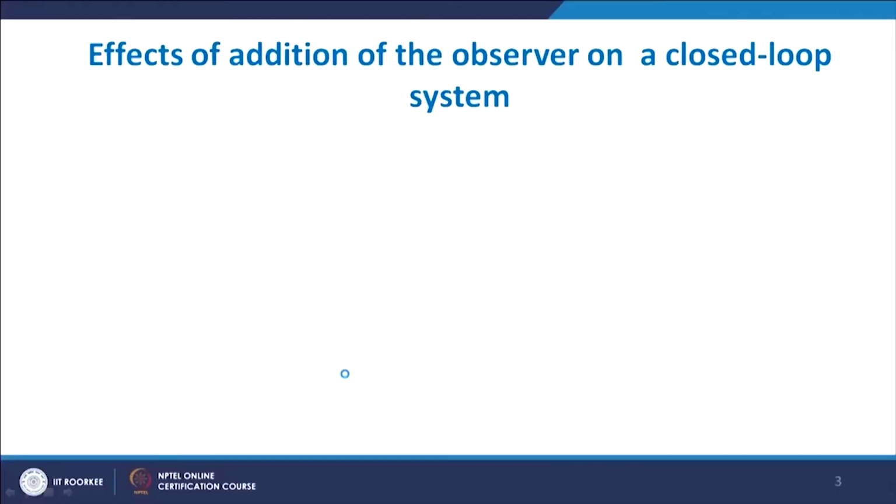First of all, we draw the block diagram of a system with observer state feedback control system.